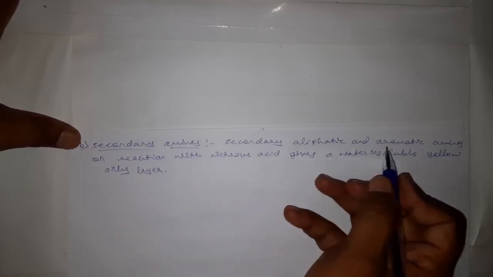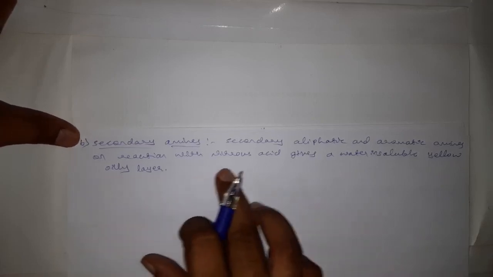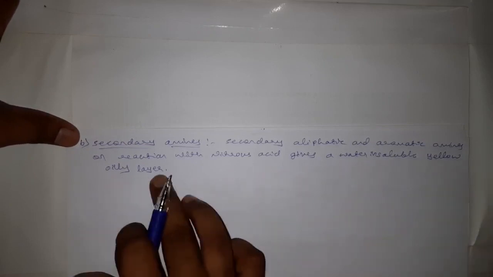See, whenever the secondary aliphatic and aromatic amines are there, on reaction with nitrous acid, they will give a water insoluble yellow oily layer.